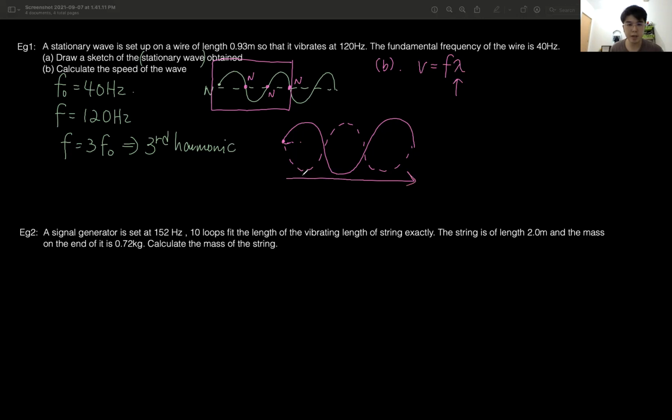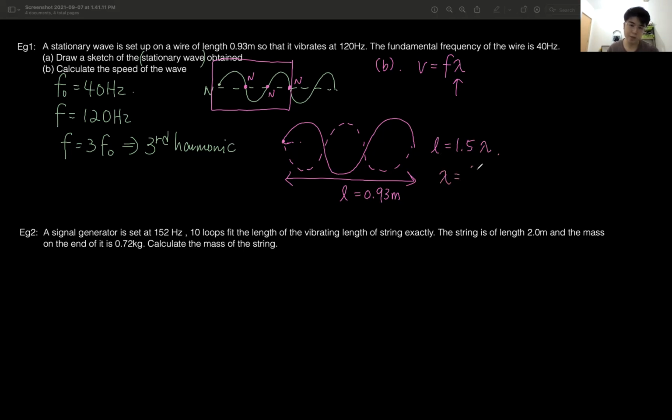This is the length of the string. Is it given? Yes, it's given, right? So 0.93 meter. And length equals 1.5 wavelength. Then you can find the wavelength.